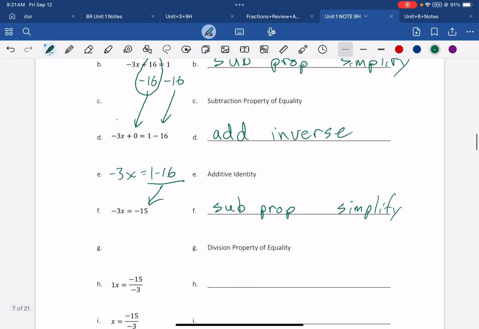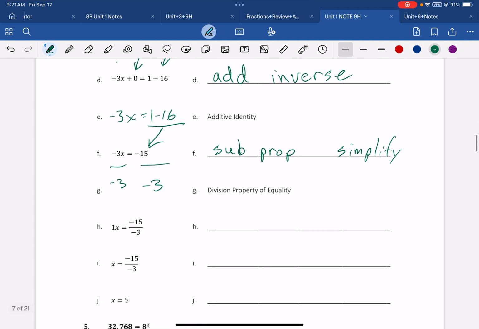We will now do the division property of equality, so we will divide both sides by the negative 3. And then when this negative 3 divided by negative 3 becomes 1, that property is called the multiplicative inverse. And then when the 1 disappears, that's multiplicative identity.